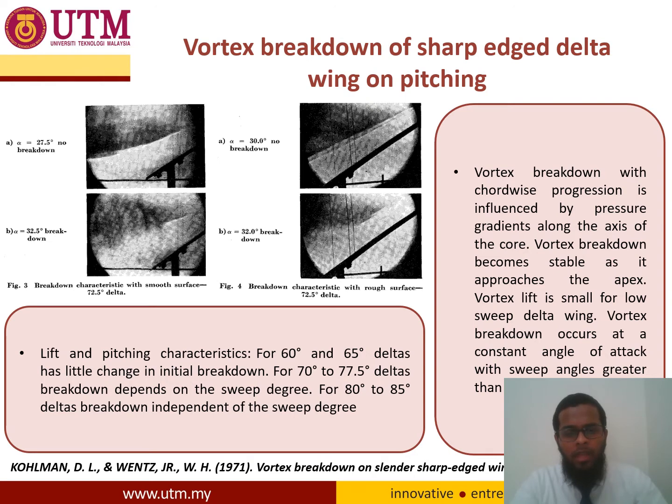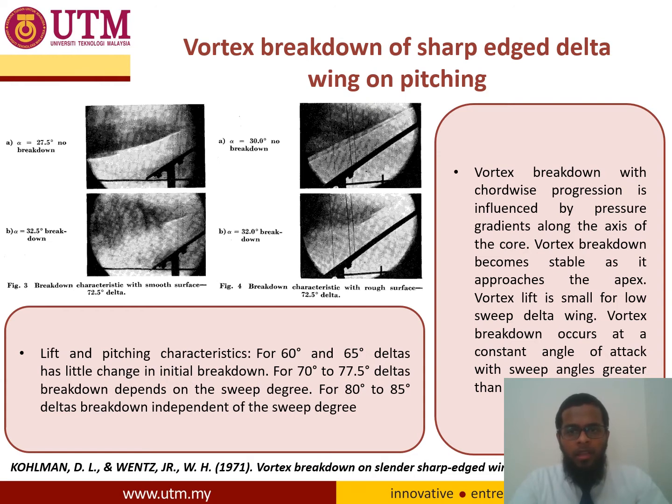For 60 to 65 degree delta wings there is little change in the initial breakdown, and for 70 to 77.5 degrees the breakdown depends on the sweep degree, and for 80 to 85 degrees it is independent of the sweep degree of the delta wing.